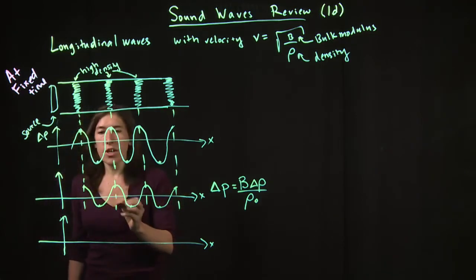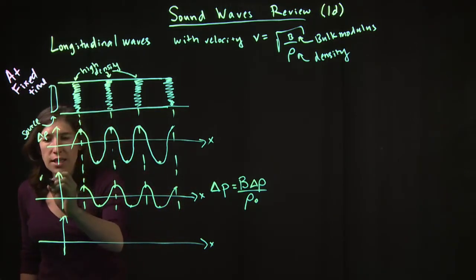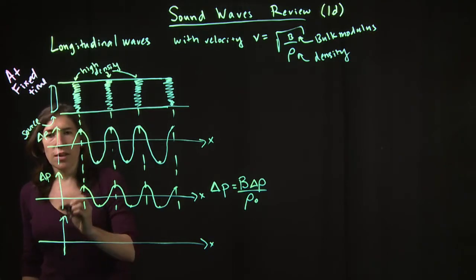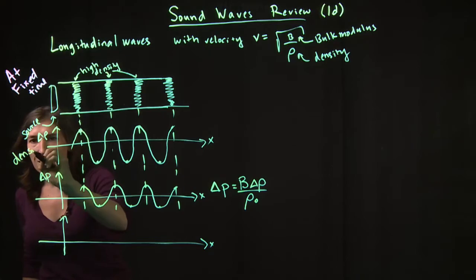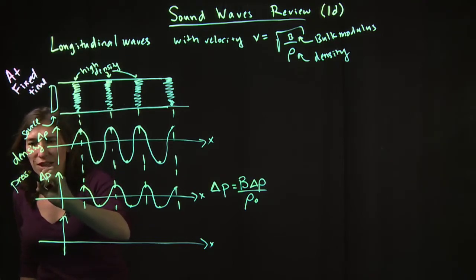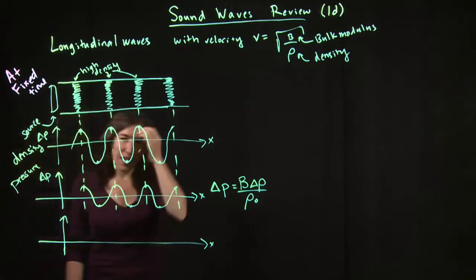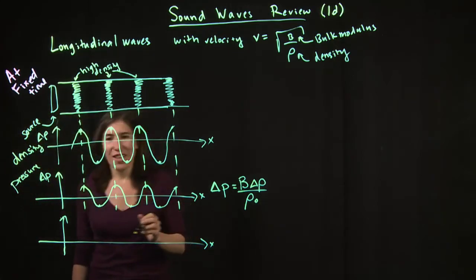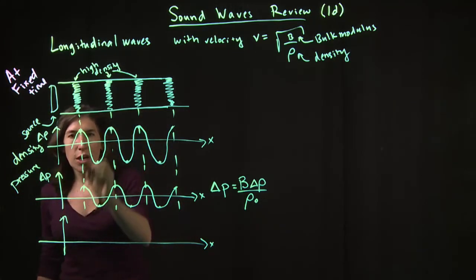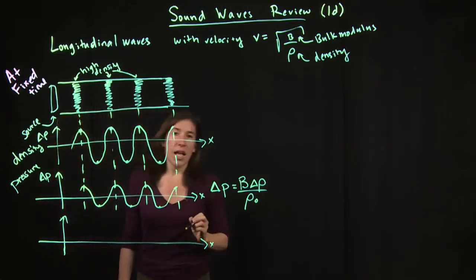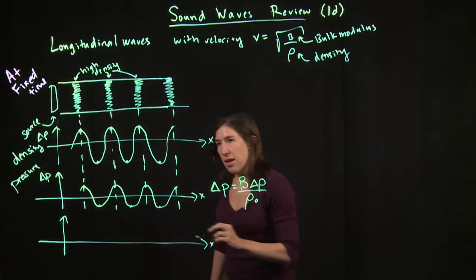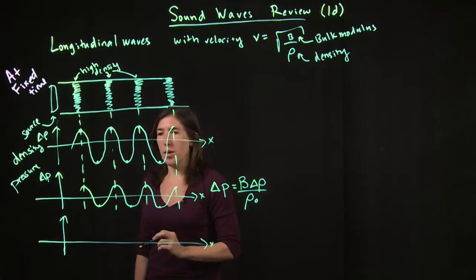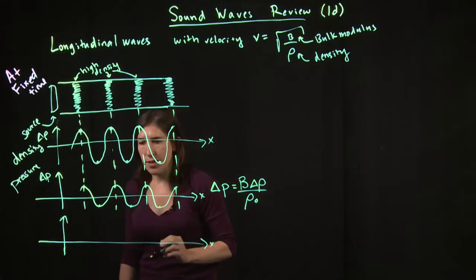What you should really note is that the maximum change in pressure, so this is density rho here, and this is pressure. Don't get confused between P and rho. All of the pressure maximums occur at the exact same place as the density maximums, and the minimums are at the same locations as the density minimums.